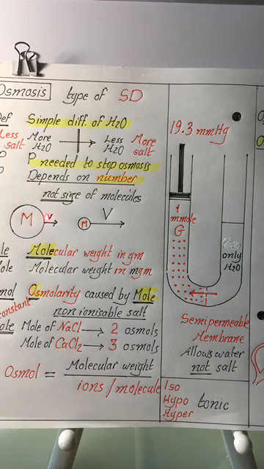High molecular size, less velocity. Low molecular size, high velocity. Eventually, the kinetic energy for both molecules will be the same. So what matters is not the size of the molecule, because both have the same kinetic energy. What matters is the number of molecules. So the osmotic pressure depends on the number, not the size of molecules.